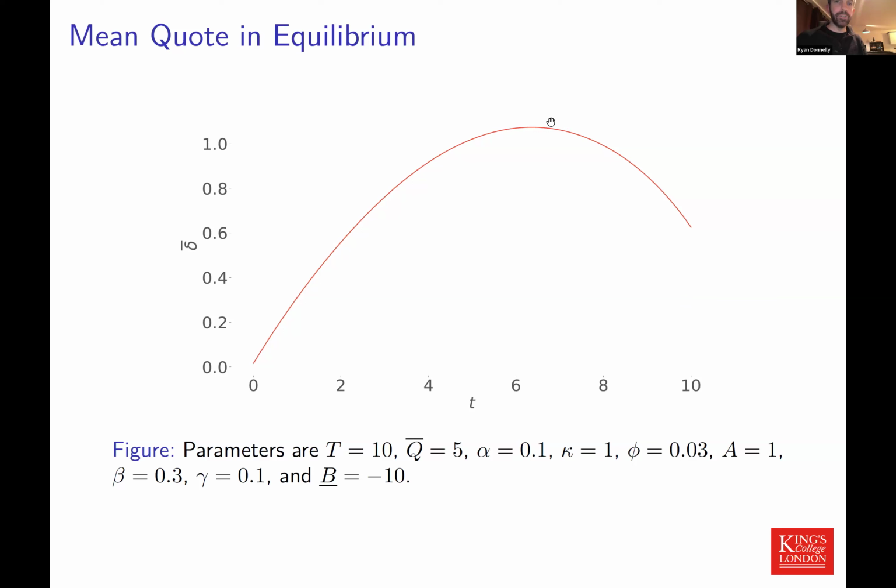Maybe an interesting feature to see is that at some intermediate time before the expiry of the problem, there is a maximum quoted price in the market. This could potentially be a reflection of some things we see in real markets. There are sometimes early bird sales on certain things.